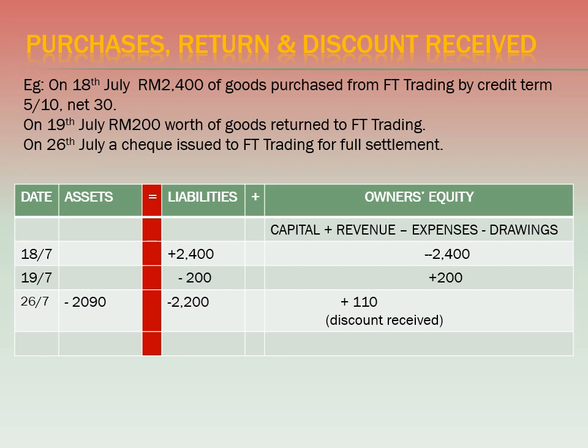So you will deduct 200 ringgit from liabilities because the debt to FT Trading has been reduced by 200 ringgit because we have returned the particular goods.